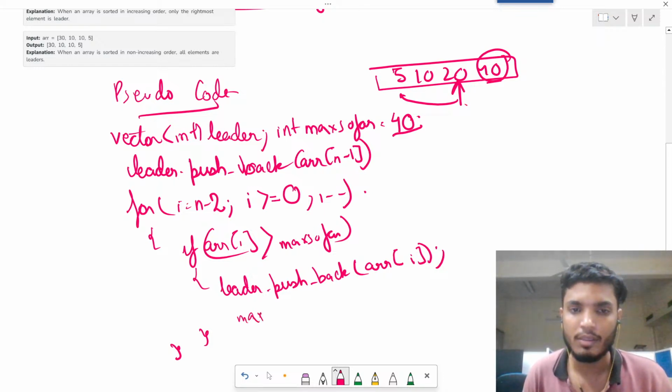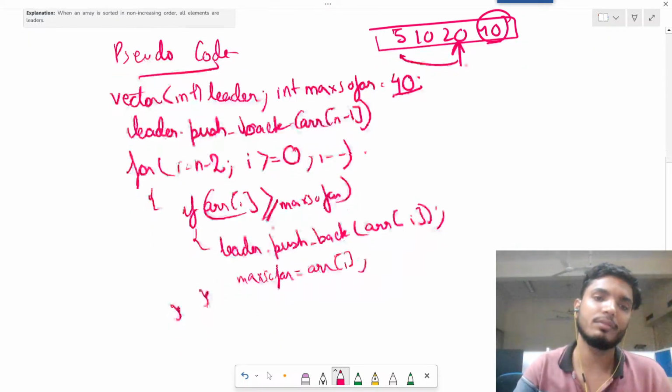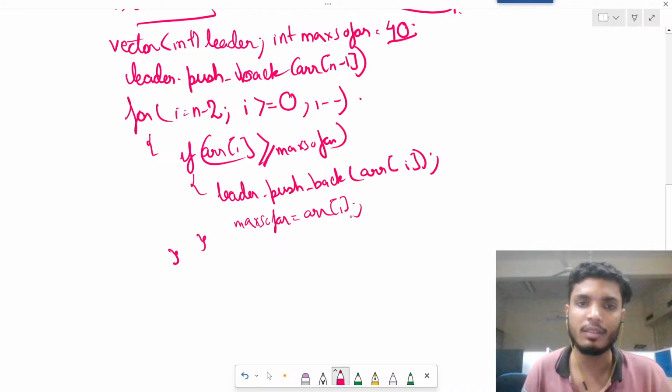So max so far will be equal to ARR of I. This will be greater than or equal to. Why? Because even if it is equal, I am considering it.